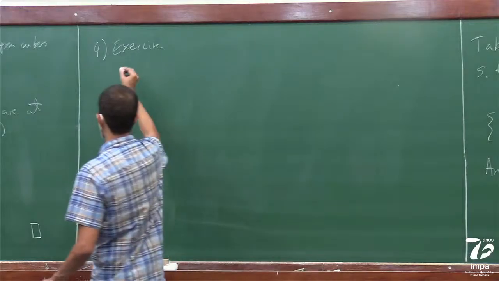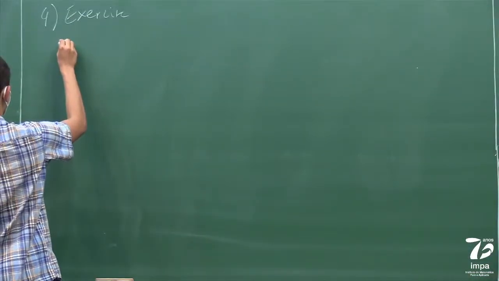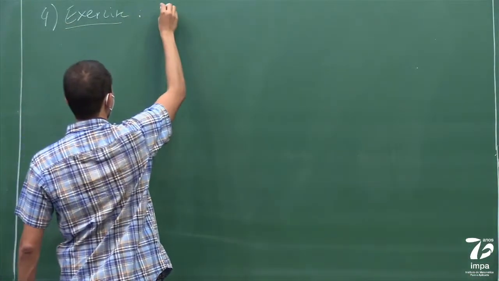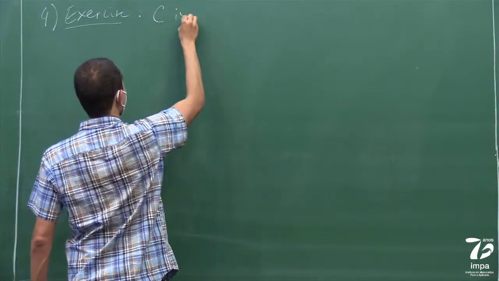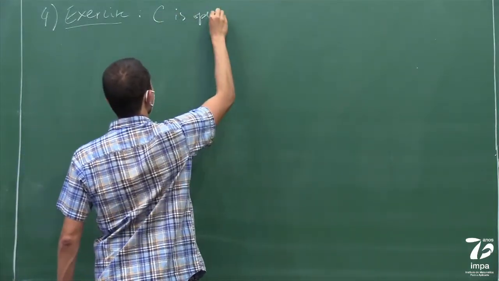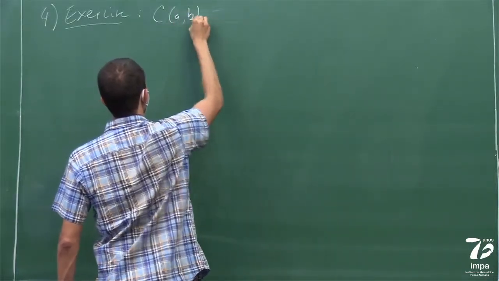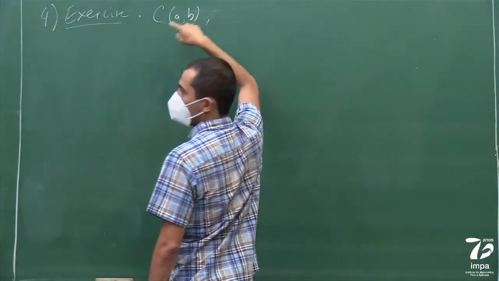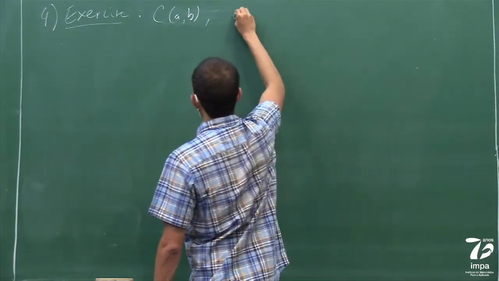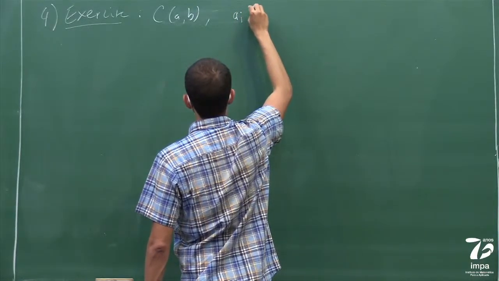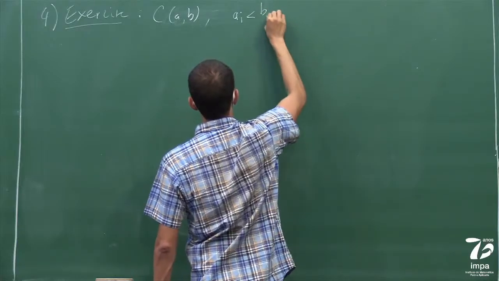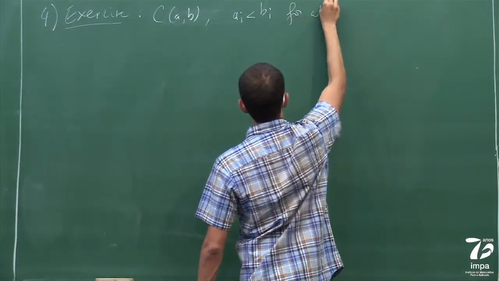So the exercise is, if C is an open cube, let's write it like this. C of AB, where ai is strictly smaller than bi for all i.